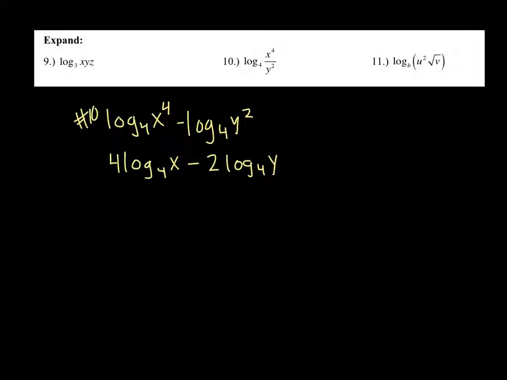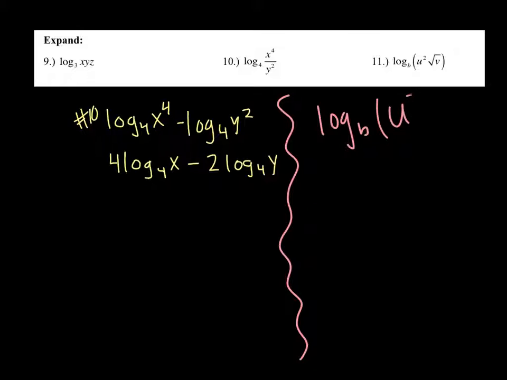So if we look at number 11, log base b of u to the 2nd power times the square root of v. So we don't really have any properties for radicals, guys.